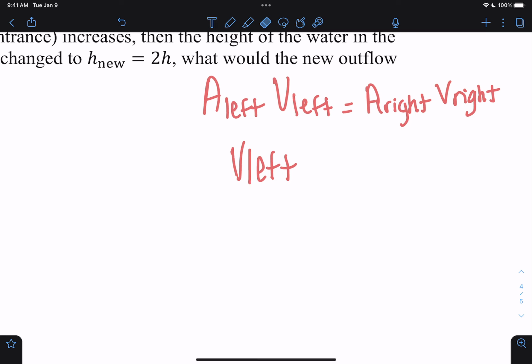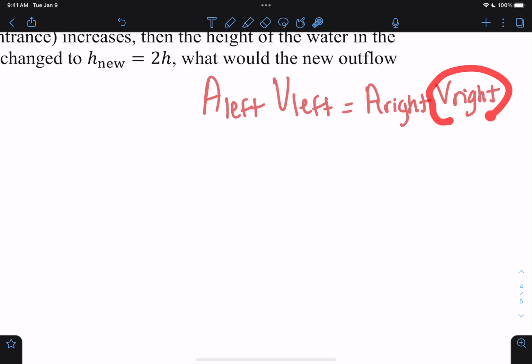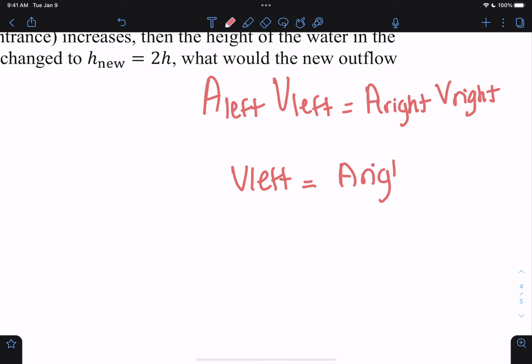Or not, my bad. We're trying to figure out the V right. That's what I meant. But we want to write things in terms of only V right. So we can say that V left is equal to A right times V right divided by A left.